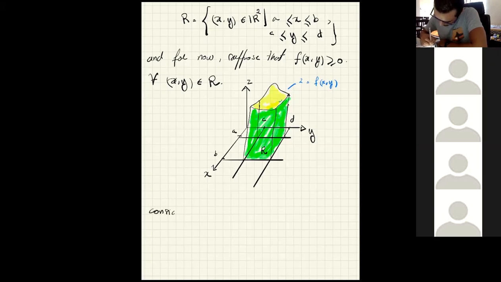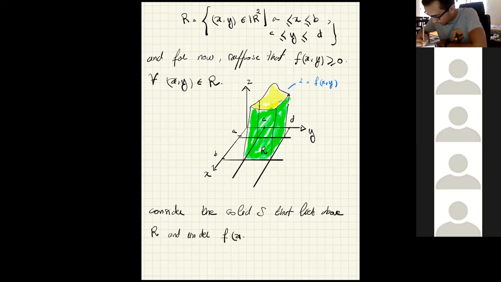Just to make things a bit more definite, consider the solid that lies above the rectangle R and under f(x, y).